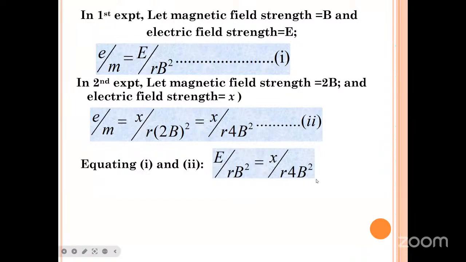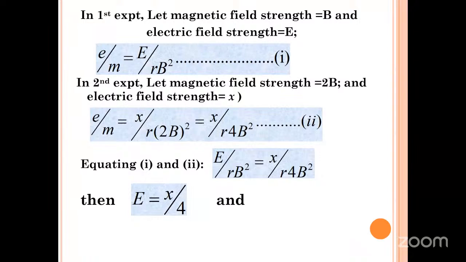So you can now look at this and be able to determine what is X. What is X? Because that's what we are doing. So look at this equation, equating 1 and 2. R will cancel out. B squared will cancel out. So we'll be left with E equals X over 4.